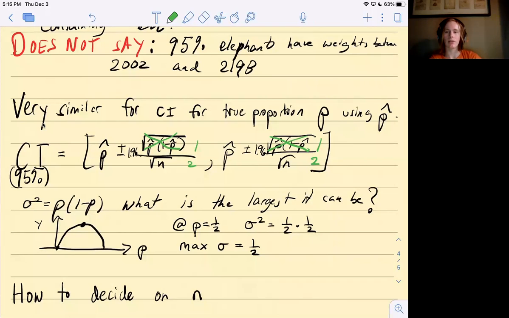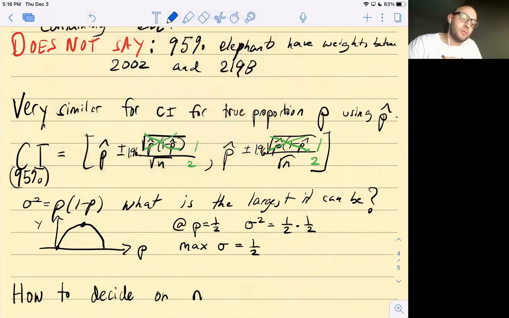I think I totally understand the math, but I forget what P is a symbol for. Well, P hat is the sample proportion. P is the population proportion. And keep in mind, population proportion is meant like mu.